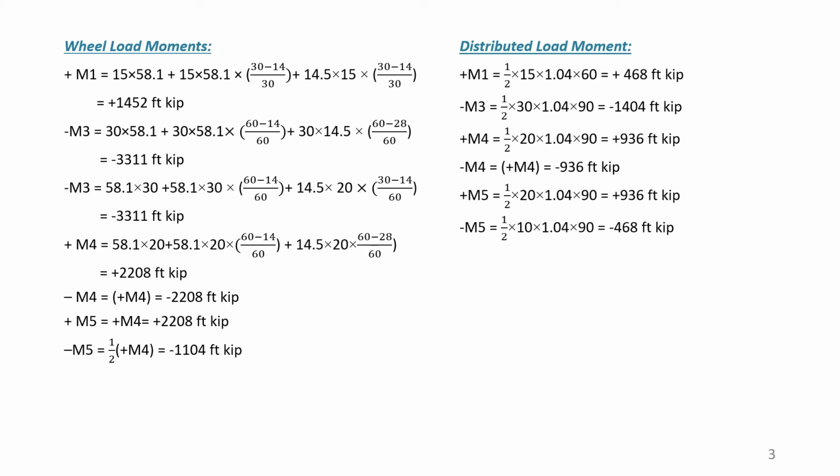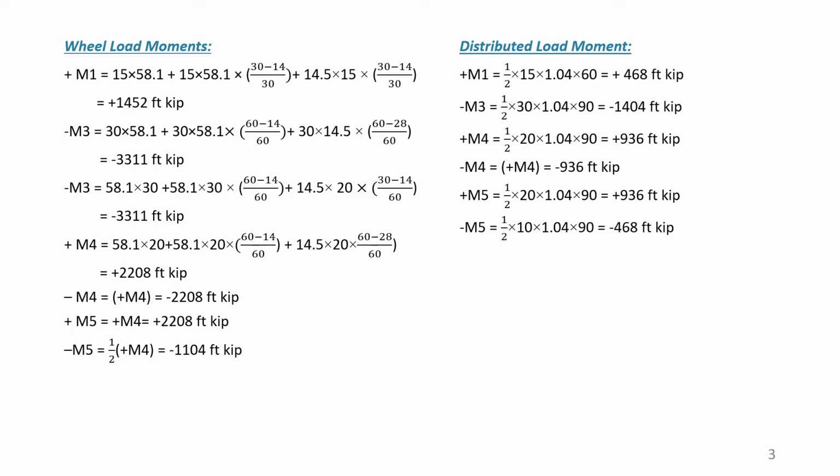The next one is minus M3. At M3 the sign of this moment will be minus, and at 3 if we put these values in the bigger triangle, that will give us a maximum value. 30 into 58.1, 30 is the ordinate at the peak of this triangle, and then 30 into 58.1 is to be deducted from 16 and divided by 60, and that gives a value.